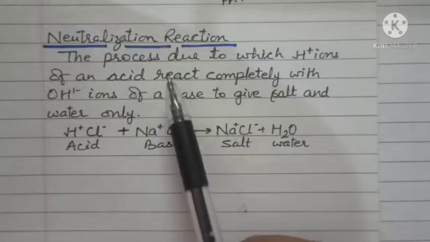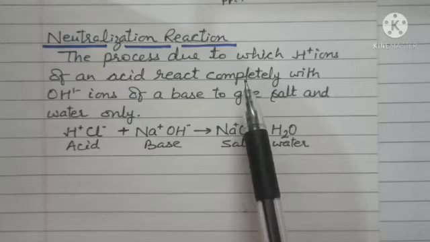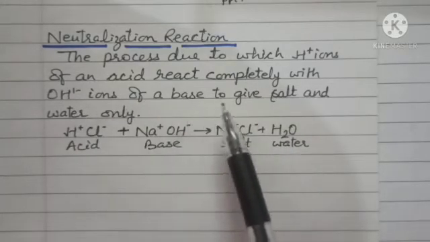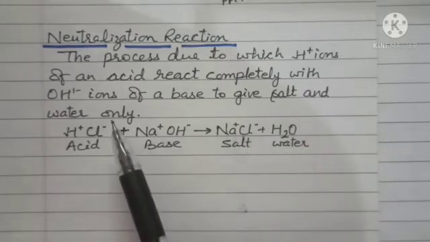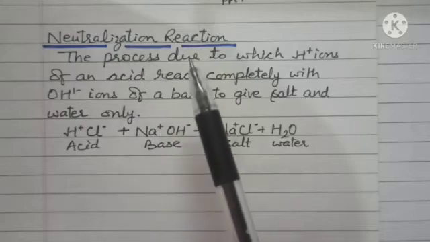This is the neutralization reaction. It is the process in which H ions of an acid react completely with hydroxyl ions of a base to give salt and water only. That process is called a neutralization reaction.